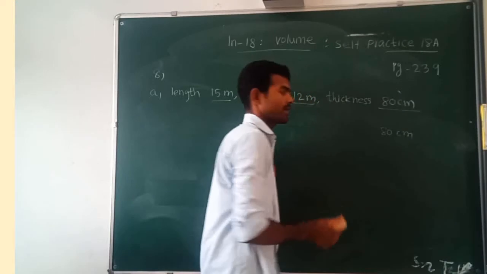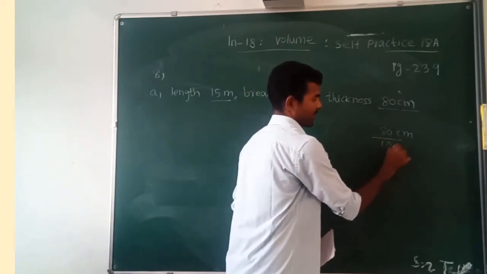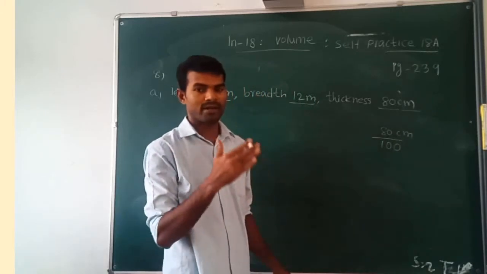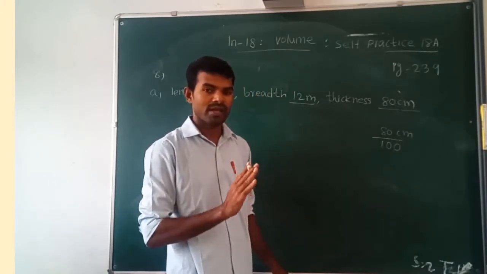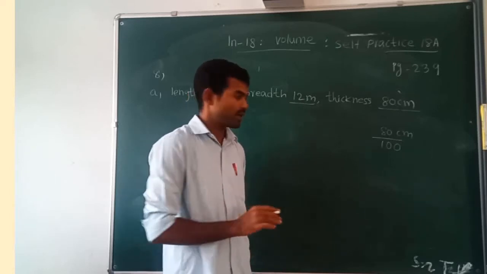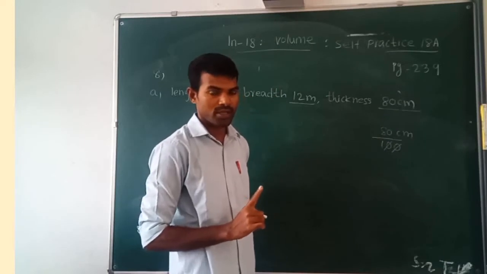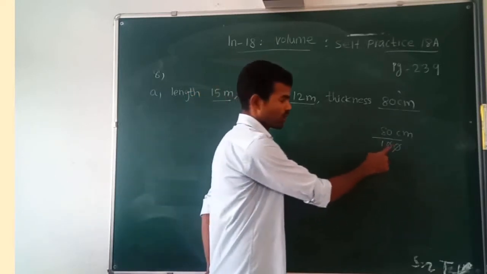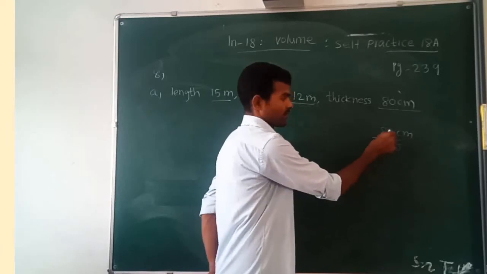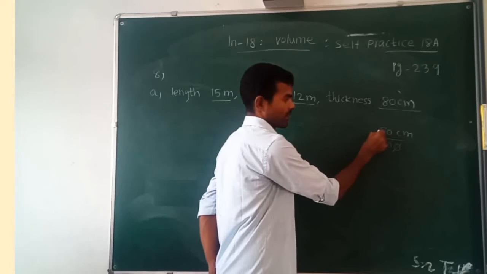So look here, 80 centimeter given. 80 divide by 100. To convert centimeter to meter, we have to divide by 100. We already studied in the fraction lesson what to do. With 2 zeros, the point will come from here.